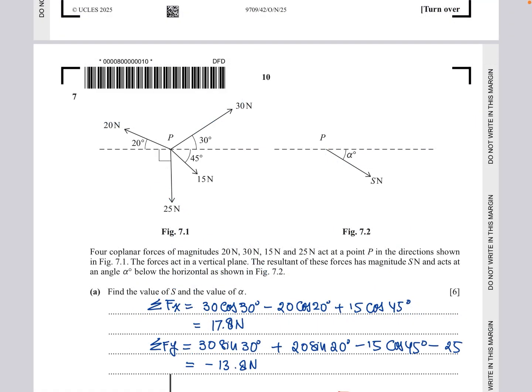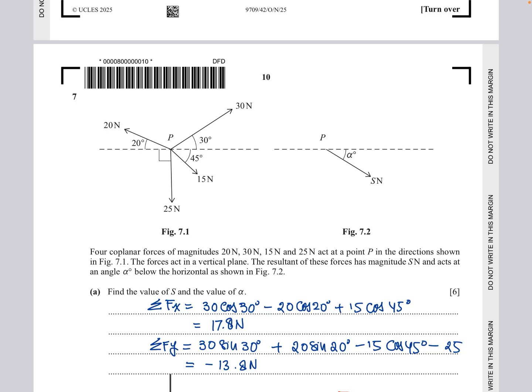So this is the last question on this past paper, question 7. Four coplanar forces of magnitudes 20 newtons, 30 newtons, 15 newtons, and 25 newtons act at a point P in the directions shown in figure 7.1.